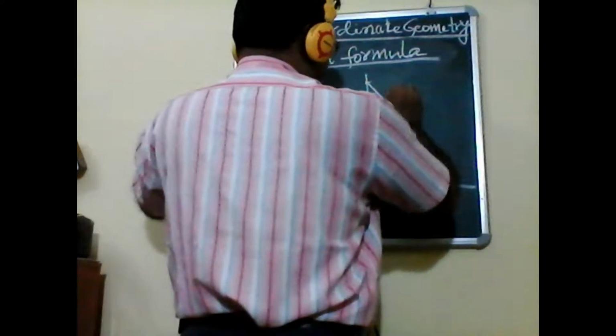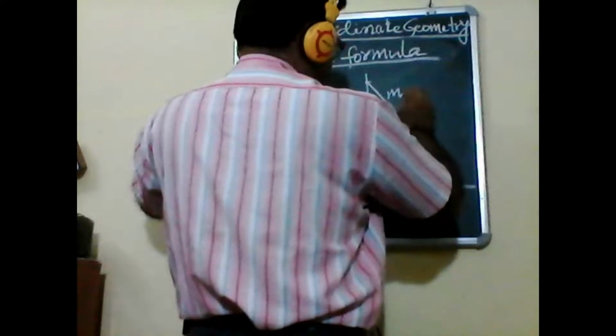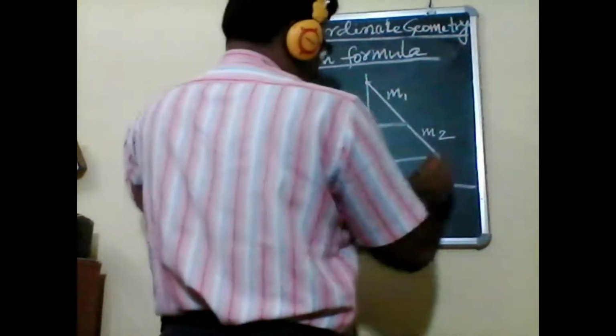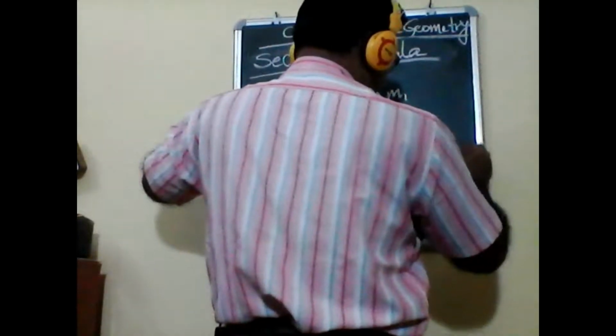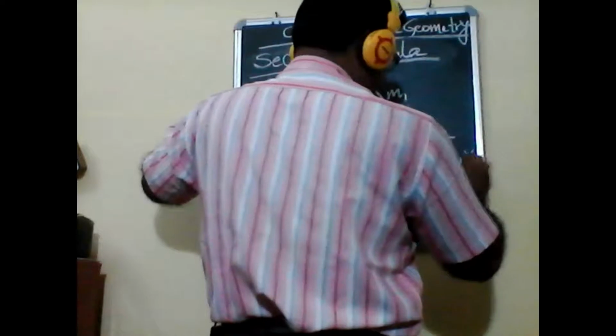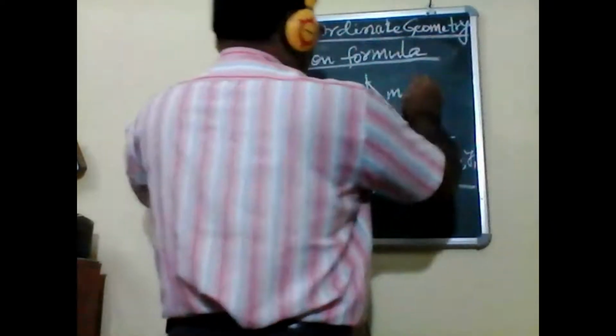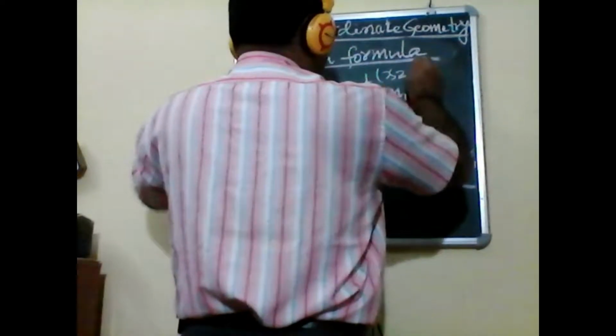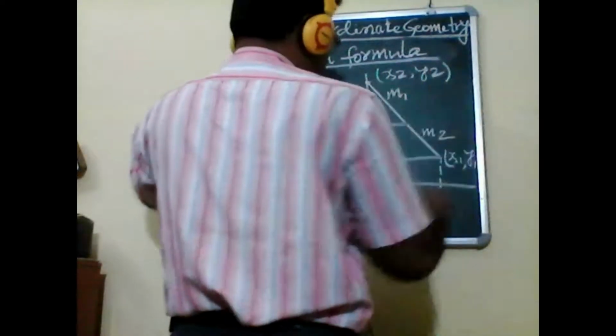Suppose it is M1, M2. Its coordinate is x1, y1, and its coordinate is x2, y2.